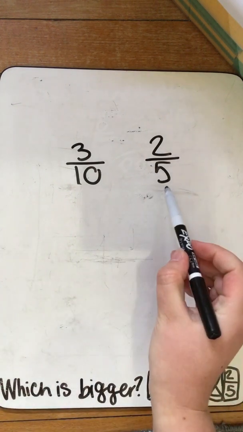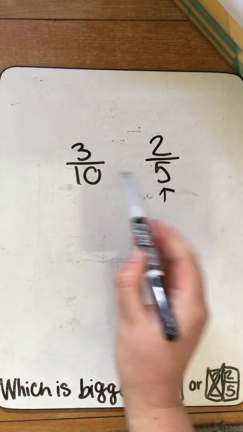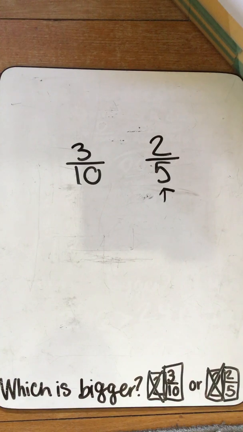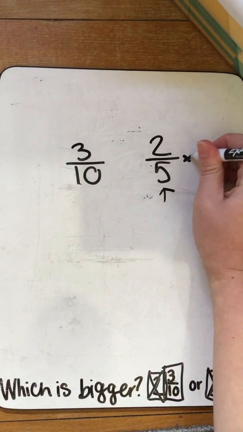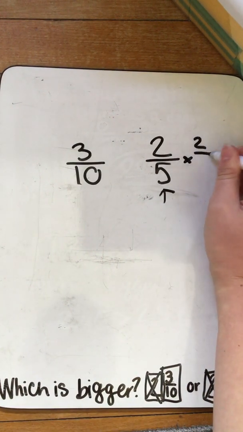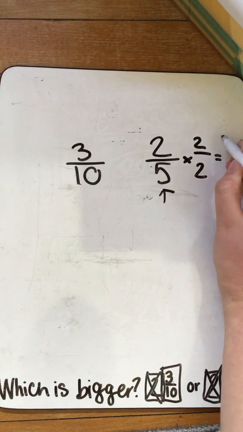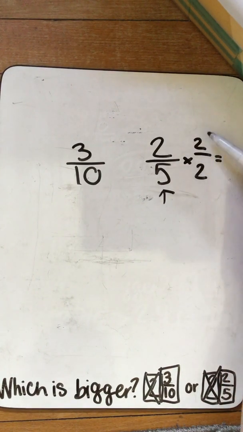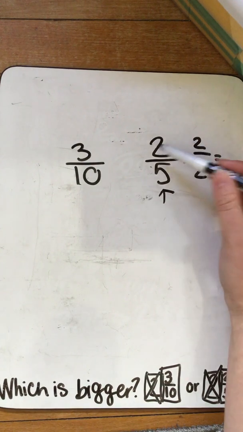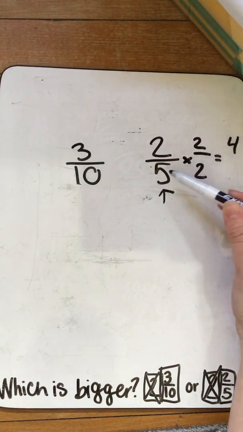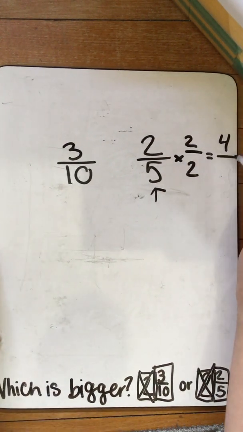But I can tell you right now, this one would actually be pretty simple to turn into a 10. To turn that denominator into a 10, we would multiply by 2 over 2. Remember, it has to have the same thing on the top and the bottom. 2 times 2 gives us 4, and 5 times 2 gives us 10.